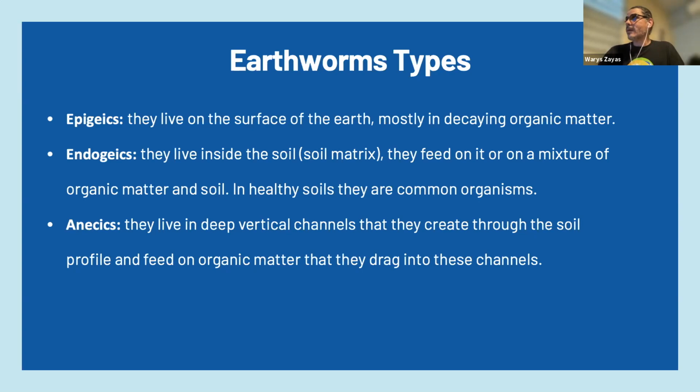In healthy soils, the endogeic worms are used as a measurement of soil health, because in a healthy soil, per square meter or per square foot, some people use the amount of those earthworms to determine how healthy your soil is. So endogeics are very important worms to have a healthy soil and to improve soil.